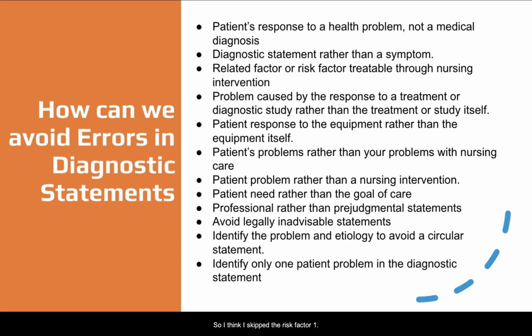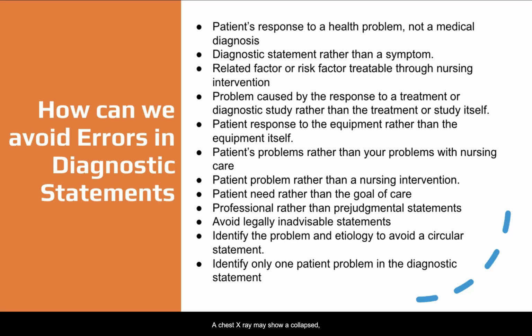So I think I skipped the risk factor one. So related risk factor, focus on related factor or risk factor that's treatable through nursing interventions. For example, a diagnostic test or chronic condition is not a cause that a nurse is able to treat. A patient with fractured ribs probably has pain when inhaling, impaired chest expansion, and slower, shallow respirations.